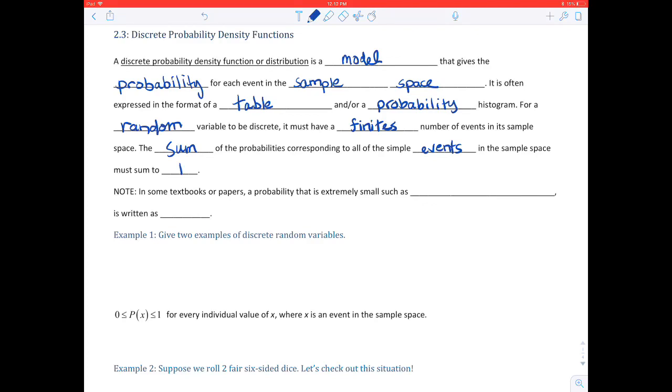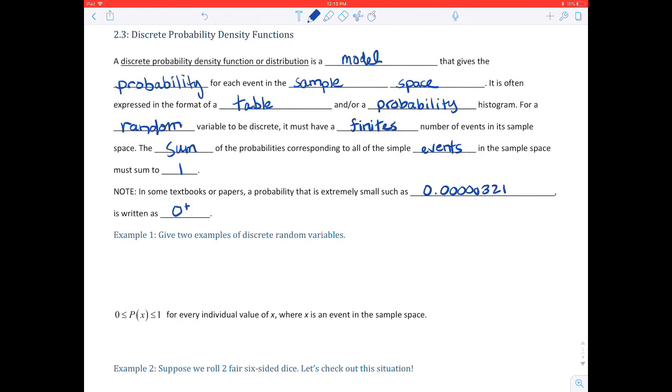Note, in some textbooks or papers, if a probability is extremely small but not exactly 0, so not impossible but practically impossible, such as 0.000000321 or something, it's often written as 0 plus so that you can see that it wasn't impossible, but also that it was very, very small.